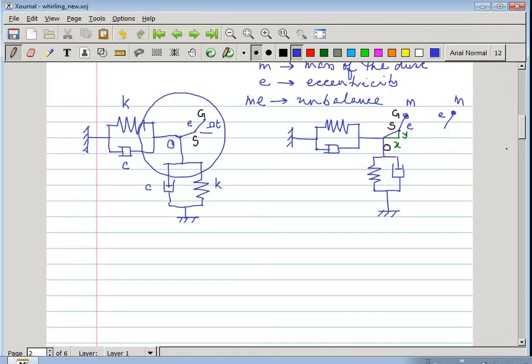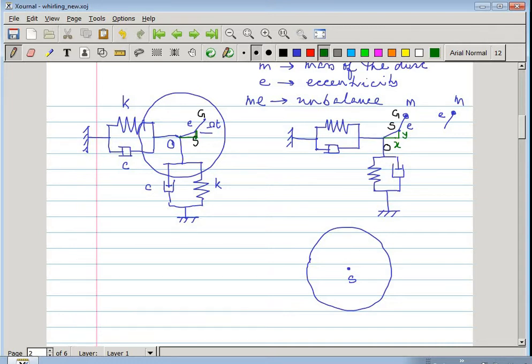So here you see the disc, this is where the shaft is fitted, S. This has shifted X in this direction, and Y in this direction.